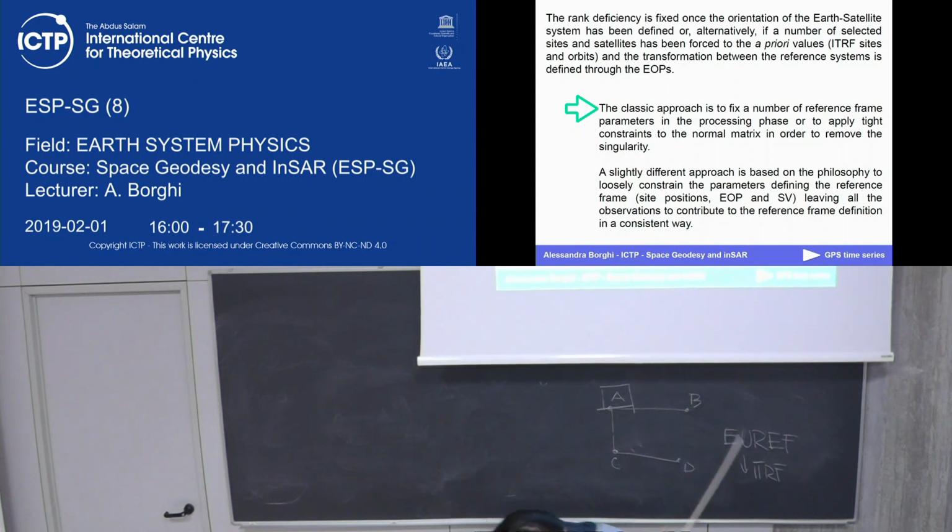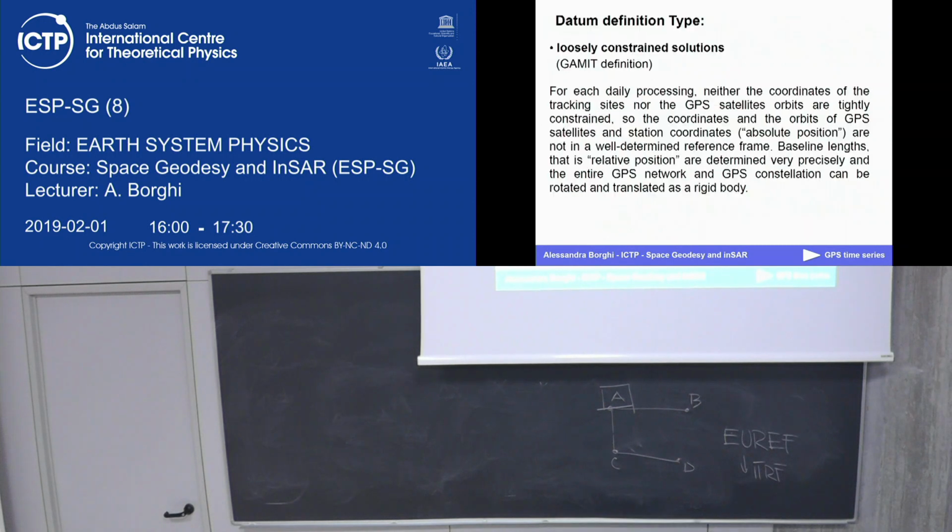Okay, now this is very theoretical, so we are going to see an example. For instance, the GAMIT software, used to fix the reference frame and to compute the coordinates of the point starting from the baseline, uses a loosely constrained solution.